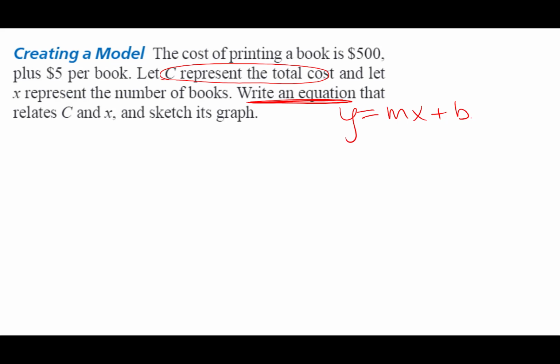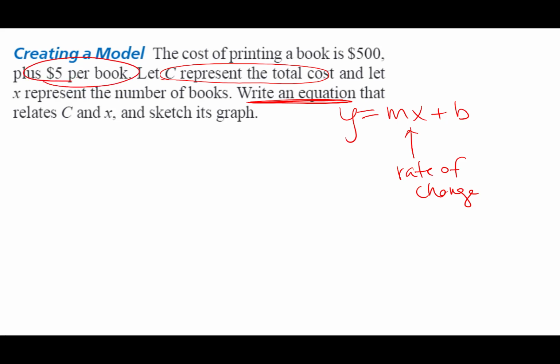The mx part is always the rate of change. For example, here it's $5 per book, or maybe it's 2 miles per hour, or $10 per ticket. Anytime that phrase comes up in the word problem, that is going to be your slope.